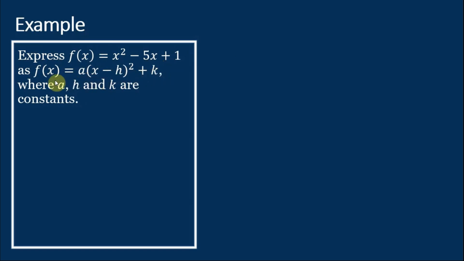So we can see that this is in a vertex form. Therefore, we need to complete the square to convert the quadratic function from the general form to the vertex form. Let's copy this function f(x) equal to x squared minus 5x plus 1.